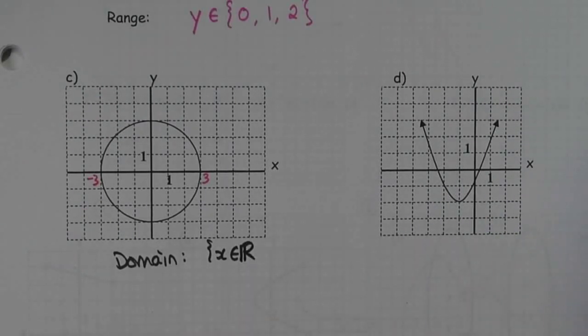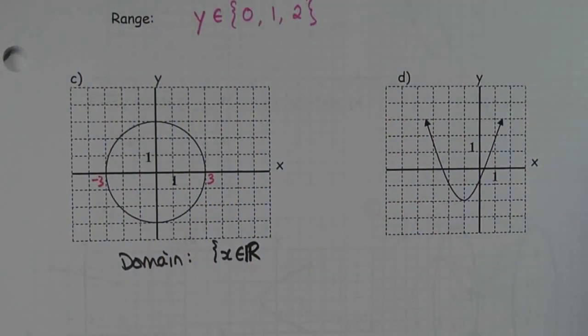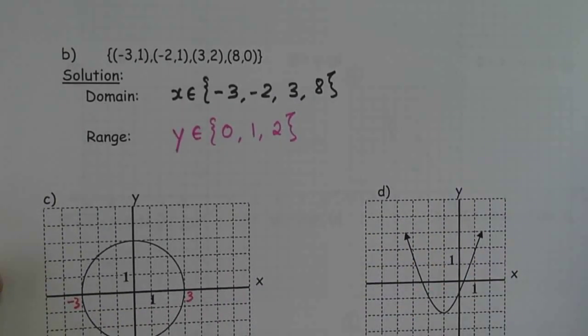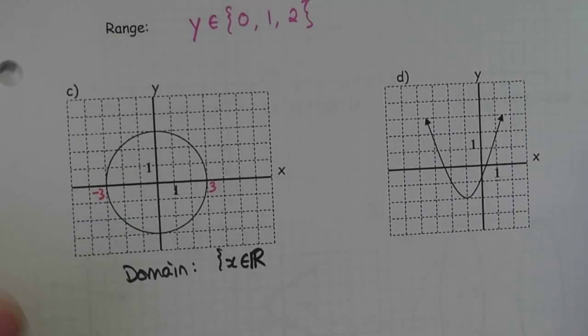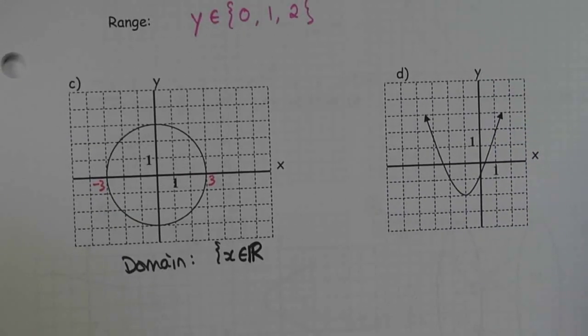So real number. And real number means it's every single little number in between. That's why we say x is an element of real. I didn't need to put it up here because I was just listing the values, right? There's a few values. So I didn't need to say real number because it was just the numbers I listed, right? So you don't have to say that. So here you want to say real number because it includes every single value in between.